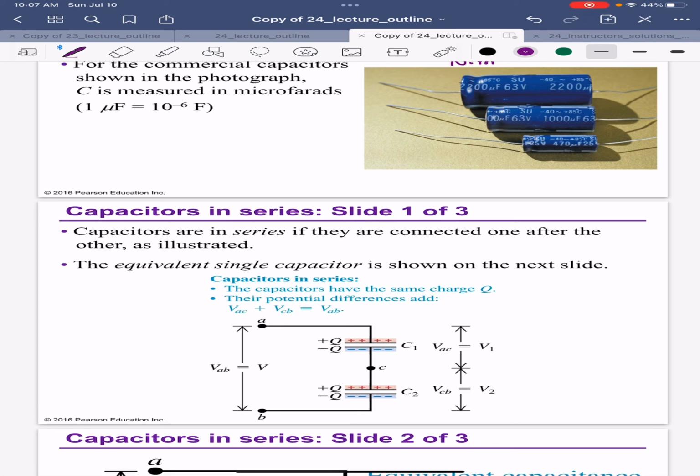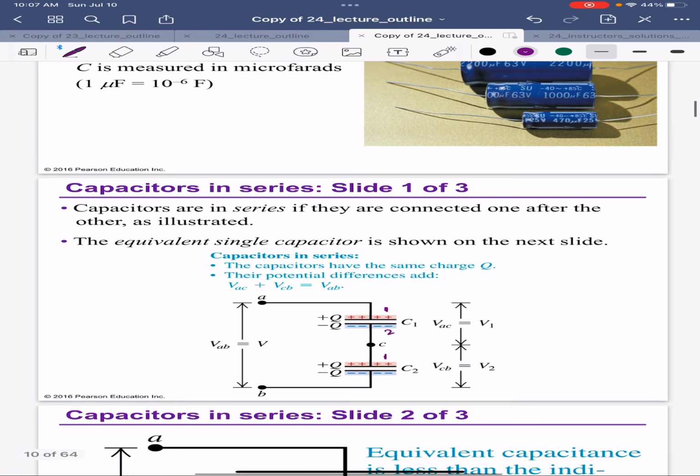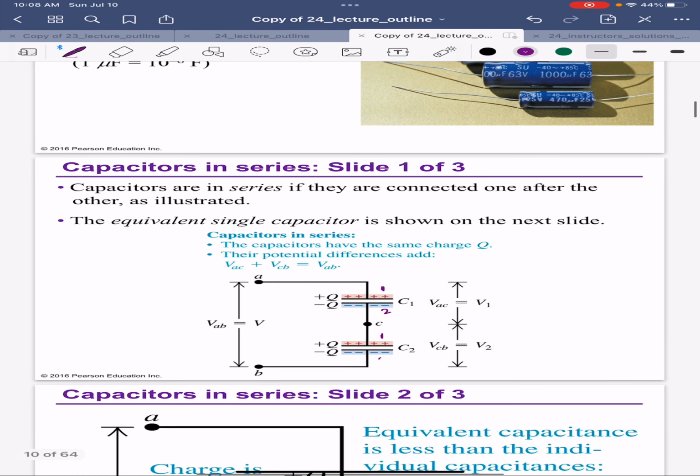If a capacitor has 2 hands, 1 and 2, and the other one has 2 hands, 1 and 2, then hand number 1 is connected to the battery, and hand number 2 is connected to hand number 1 of the second one. And then hand number 2 of the second one is connected to the battery or to the voltage source.